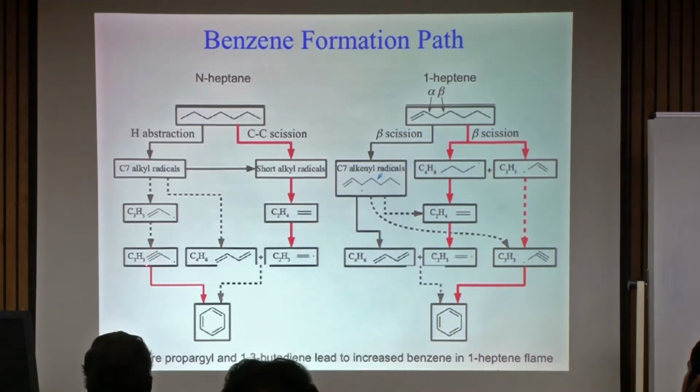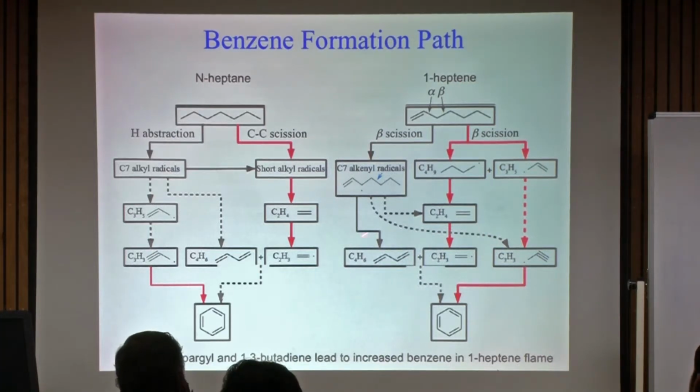And then this is called 1,3-butadiene, because double bonds are at 1 and 3. There are 4 carbons. These are the 2 major species which form benzene. And for heptene, these 2 species are found more. There are more of these 2 species, so that's why it forms more benzene.